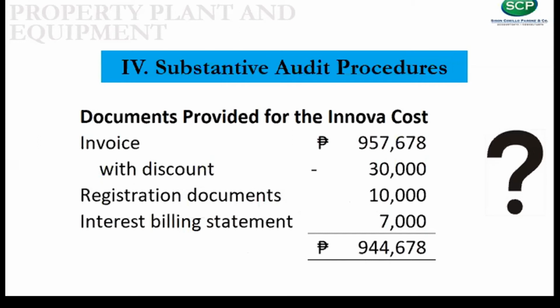An invoice for 957,678 pesos that shows a discount of 30,000 pesos, registration documents for 10,000 pesos, and interest billing statement from Toyota for 7,000 pesos. So the second question is, was the Toyota Innova's acquisition cost properly recorded in the books of the company?